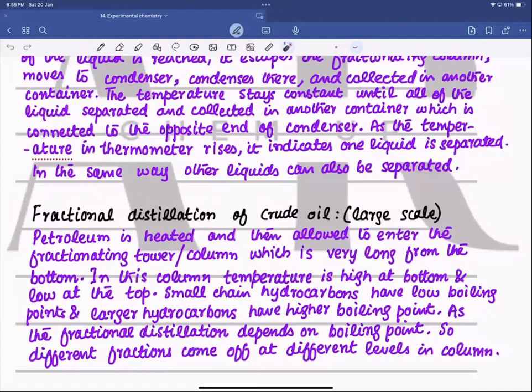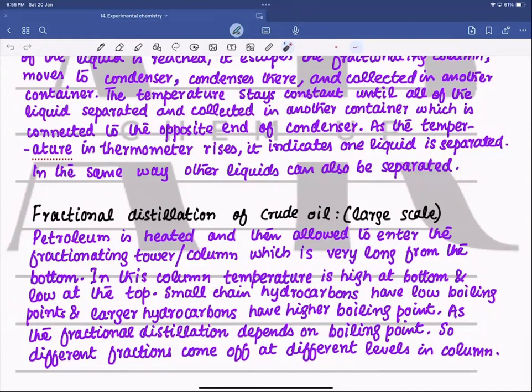So the molecules in the crude oil with smaller structures have a low boiling point, and the ones with bigger structures have a high boiling point. The ones which are lighter and small in size reach the top, and at the top of the fractionating column they condense and are collected from there.